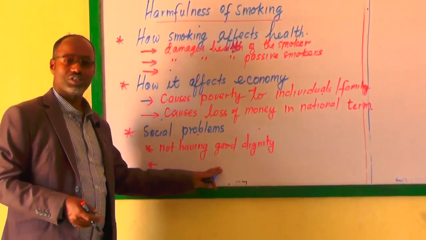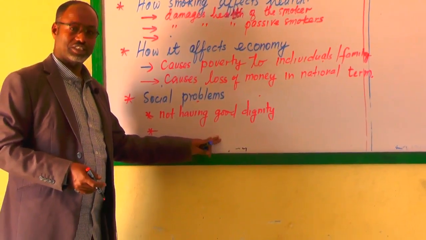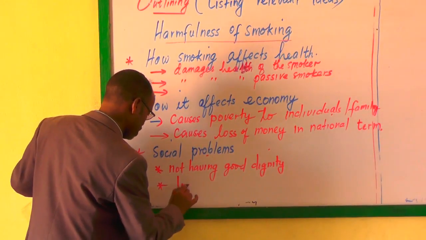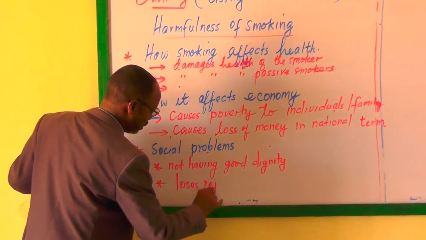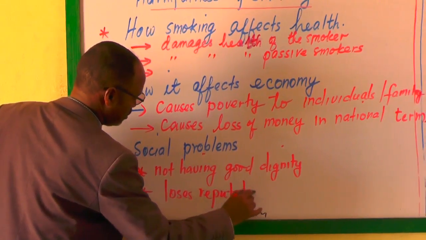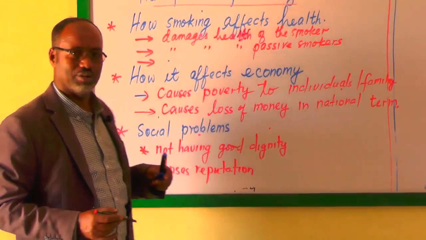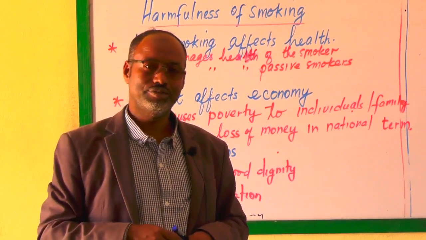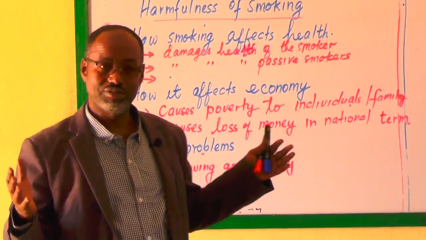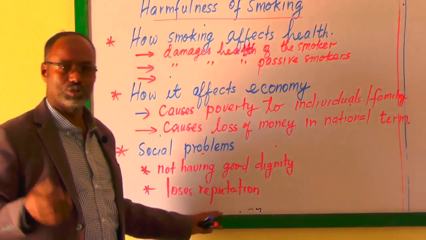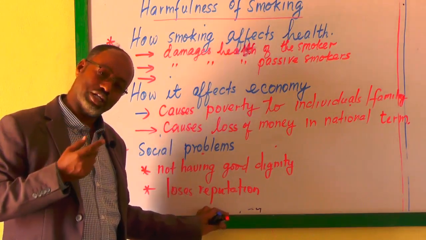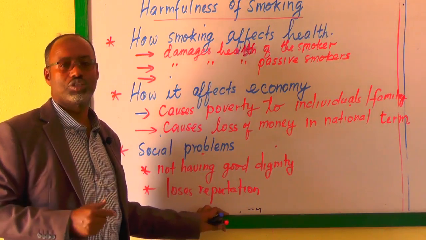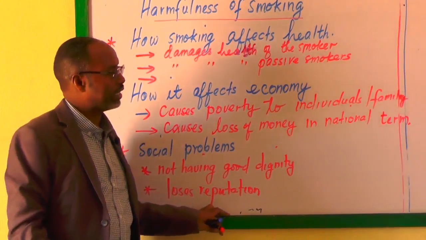So, not having good dignity, and losing reputation. For example, everybody is dignified, everybody has got his own reputation. But smokers have got very low reputation in the community because they are not regarded as okay.